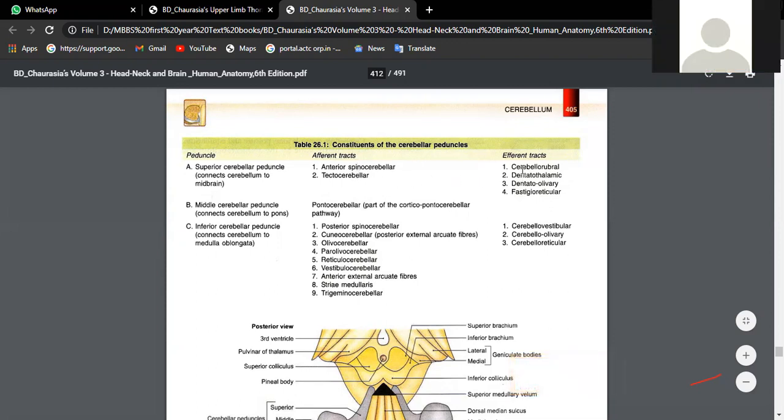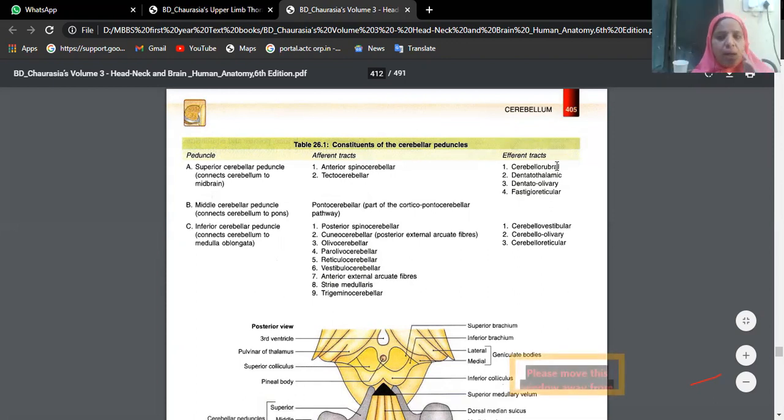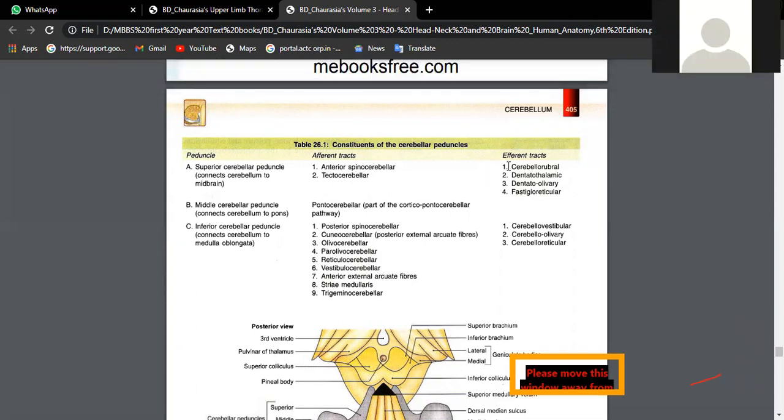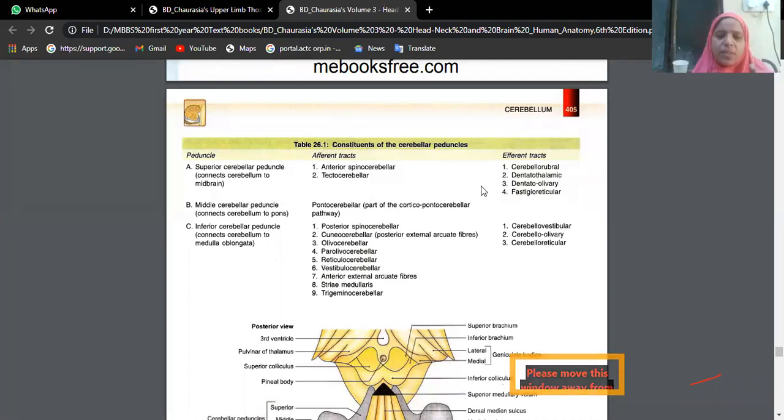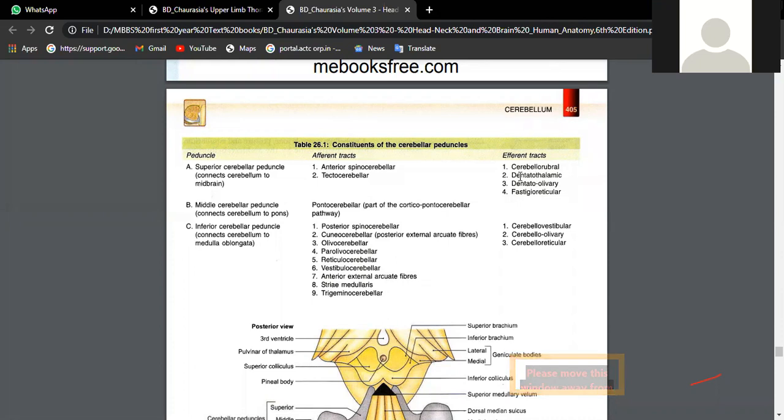Okay, efferents are starting from the cerebellum and going to some distant area. Cerebello-rubral. Red nucleus, we know it is present in midbrain. Dentatothalamic. What are the four nuclei we see in the cerebellum? D, E, F, G. Dentate nucleus, emboliform nucleus, fastigial nucleus, and globose nucleus. That's why from dentate nucleus to thalamus, dentatothalamic.